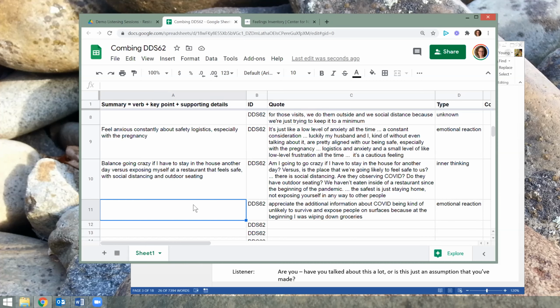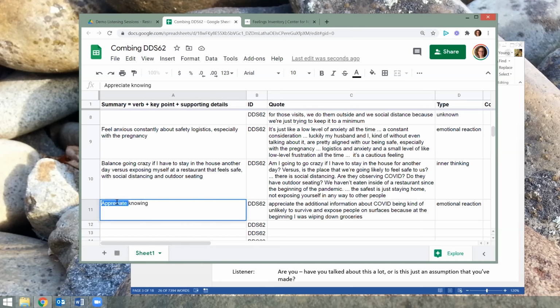Thank you, spreadsheet. Okay, so let's just use her verb. So we could say feel appreciation or appreciate. Those are both ways of saying the emotional reaction. Although appreciate as a verb could also be representing inner thinking. Here, maybe I don't want to use that. I was going to say here it means an emotion, but then you could get confused 3 weeks from now when you read this thing.